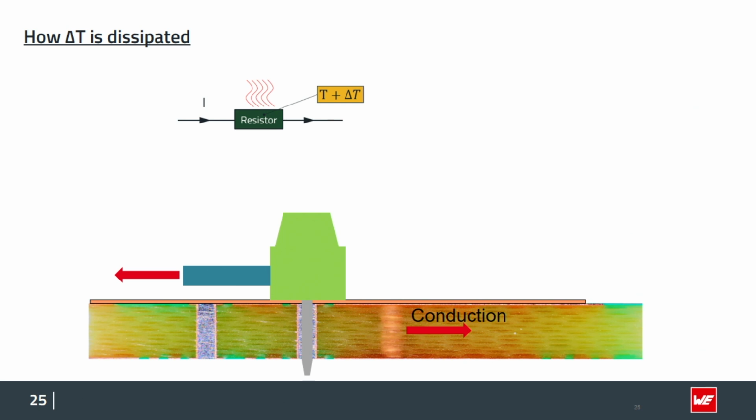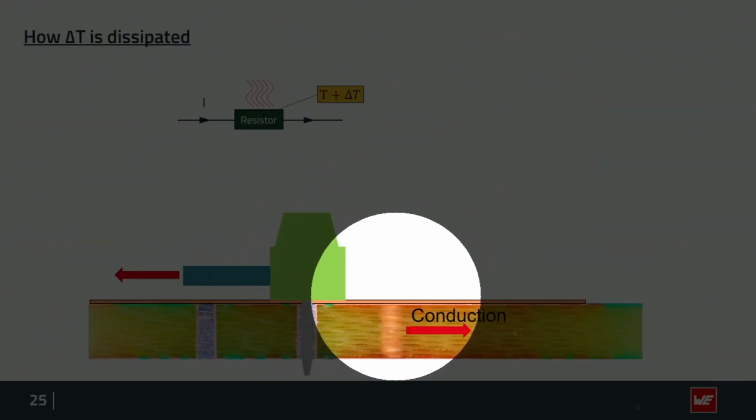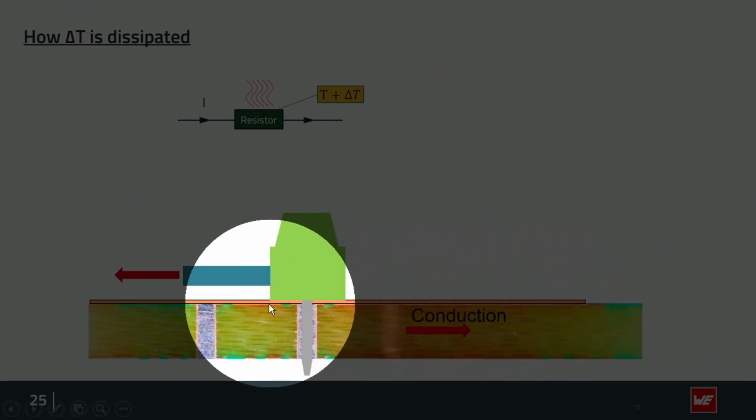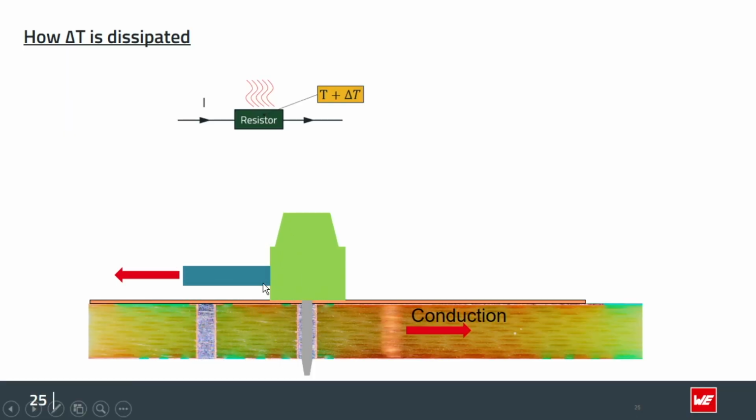Especially on top, we have the copper layer, which gives away a lot of heat. So this really helps if you have wider traces, to dissipate the incoming heat here.